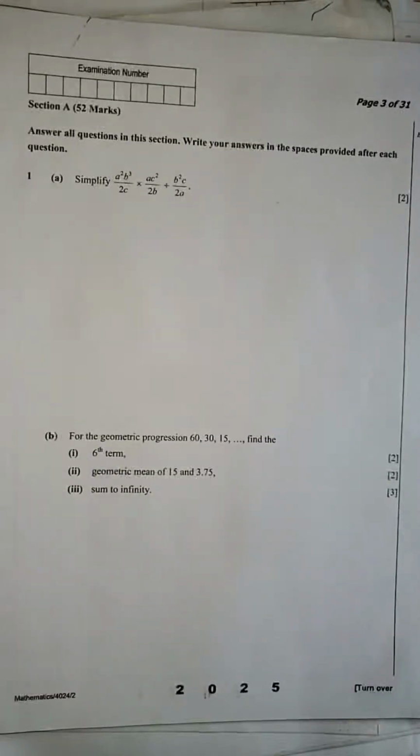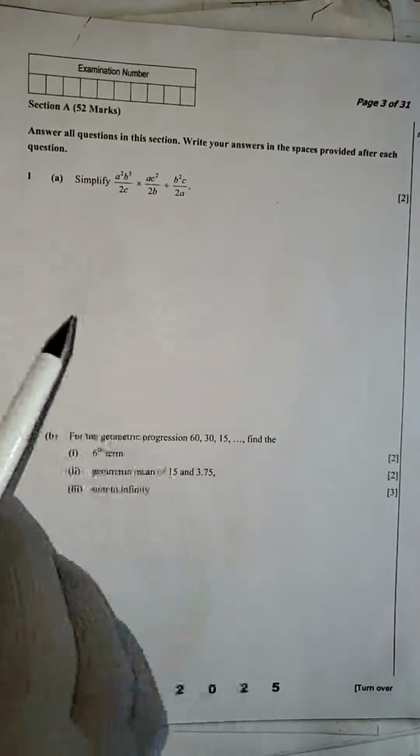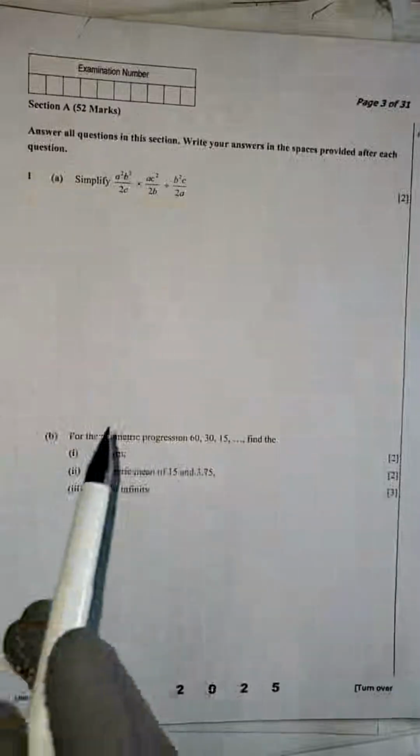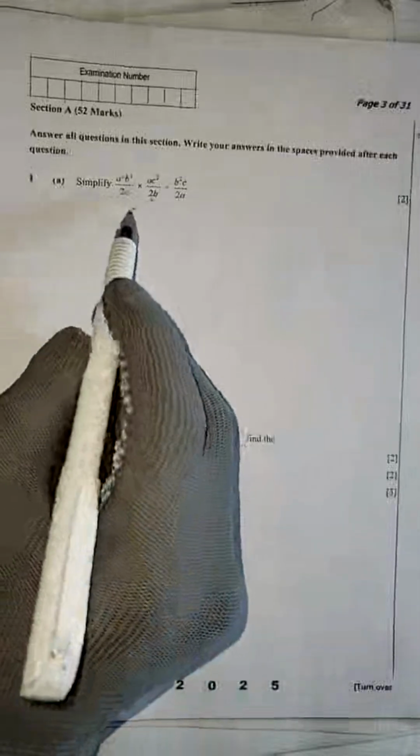Okay. All right, so let's begin with the very first question here, which is an algebraic question. This question is saying, simplify. You are given this expression, and what you should know is that we have multiplication and division.